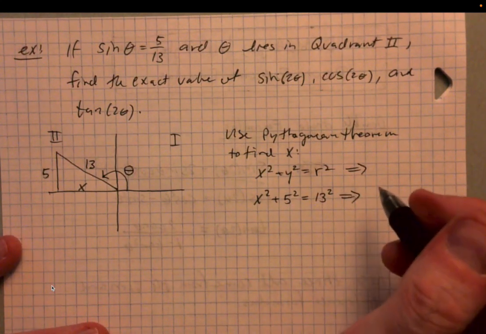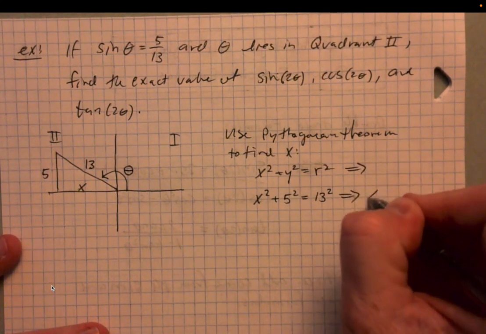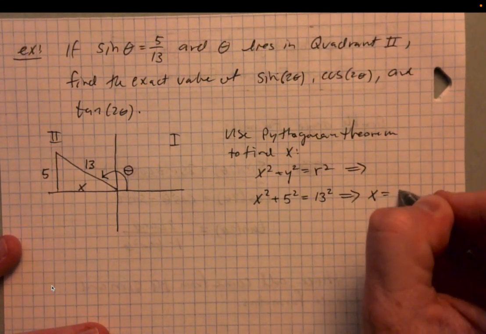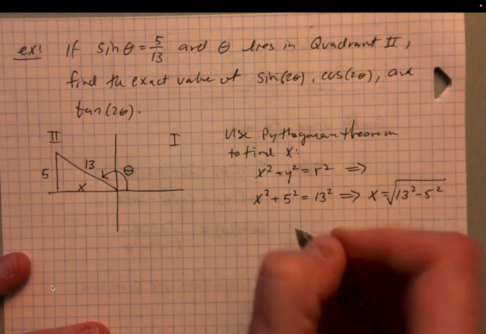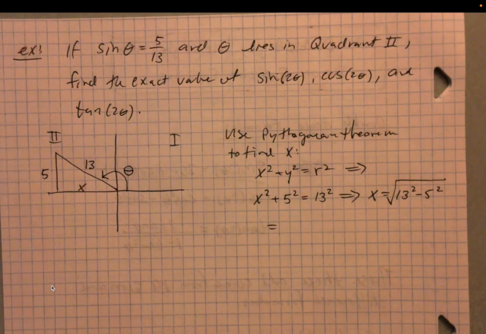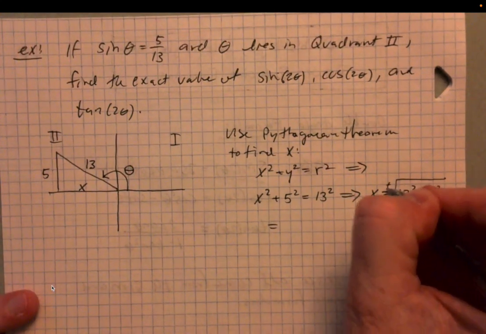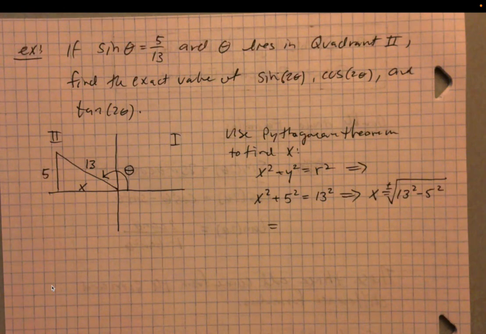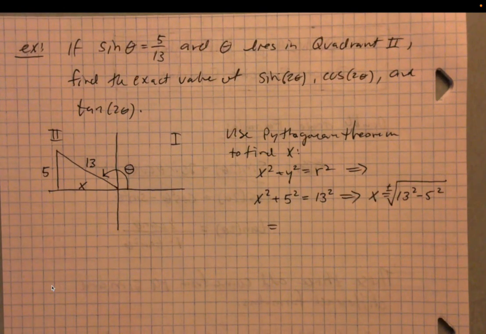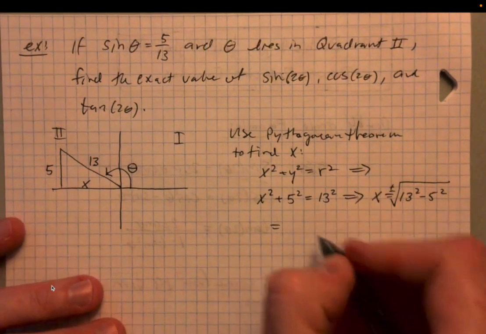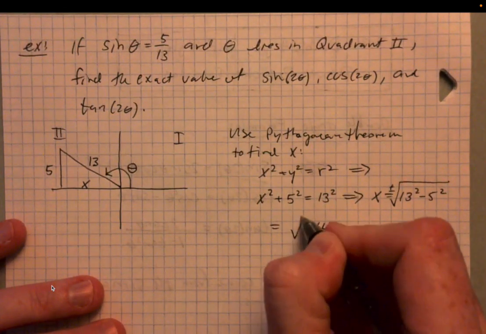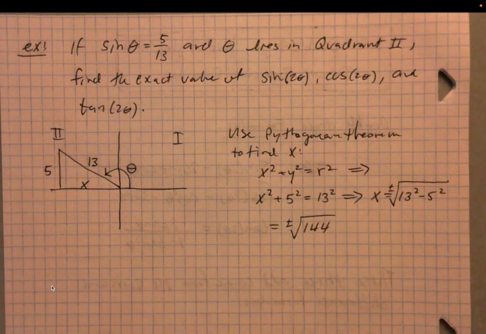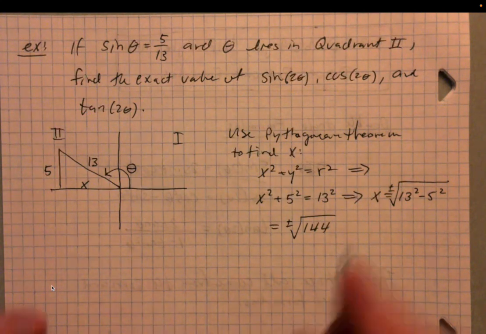So x is the square root of 13 squared minus 5 squared, and technically it's plus or minus, so let's be careful there. 13 squared minus 5 squared is 144, and the square root of 144 is 12.